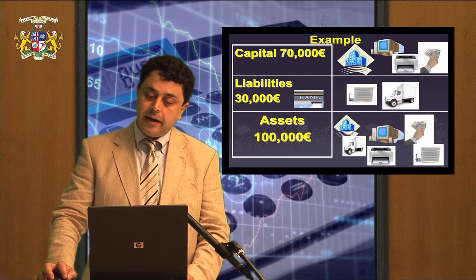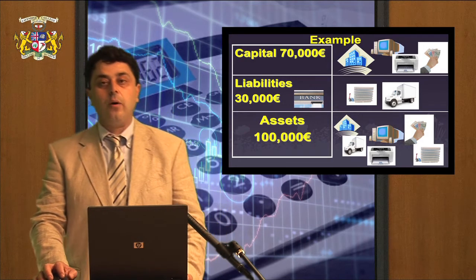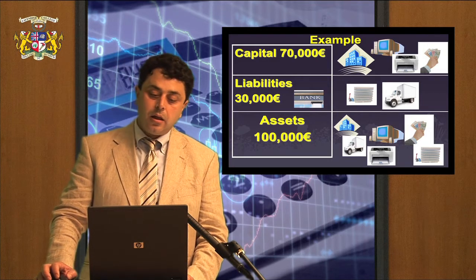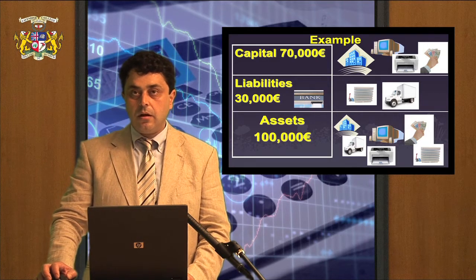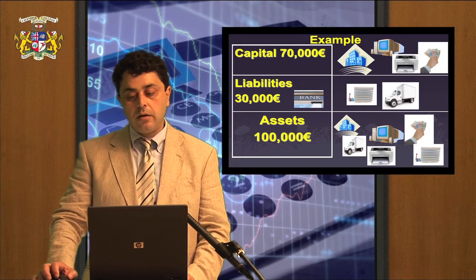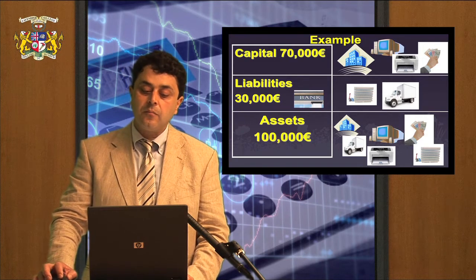However, the business needs stock. It also needs a motor van. So what do you do? You go to the bank and you borrow 30,000 euros. With this amount of money, you can buy your stock and you can buy the motor van that you want to buy.